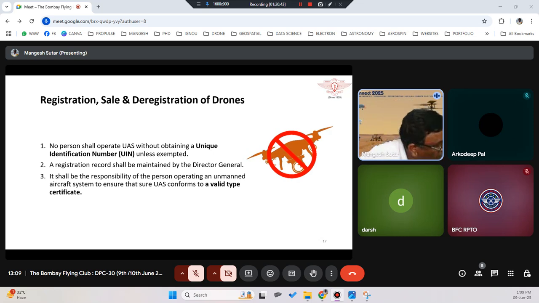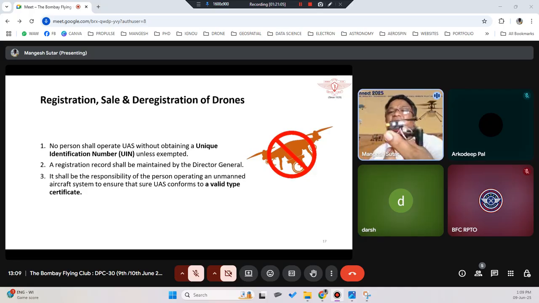For example, I can show you a small drone. Something like this. You can see here. Can you see it? Yeah. So this is a very small drone. Maybe the camera is not able to detect it because of my face. So this is actually a nano drone. A small drone. This is a toy drone. This is for training.